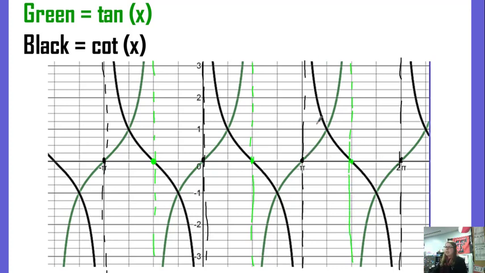Okay, so the green is your tangent, and the black is your cotangent. The other thing that's kind of interesting about this is where they are equivalent.